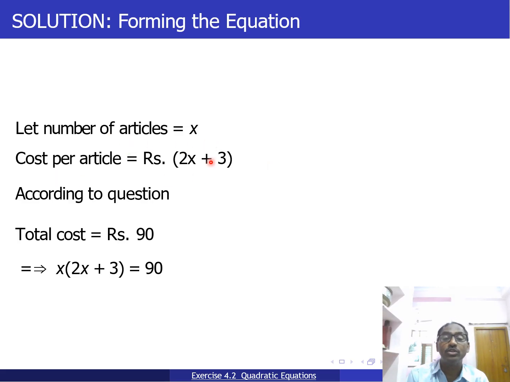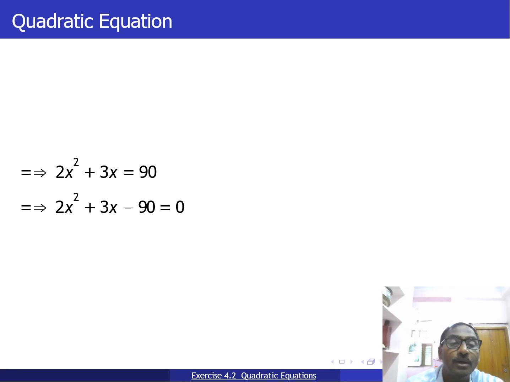Cost per article is 2x plus 3 rupees. According to the question, total cost equal to 90 rupees. This implies x times 2x plus 3 equal to 90. This implies 2x square plus 3x equal to 90, so 2x square plus 3x minus 90 equal to 0.